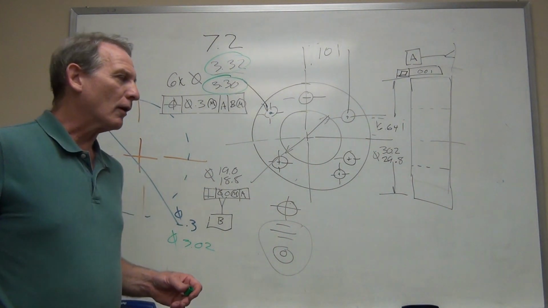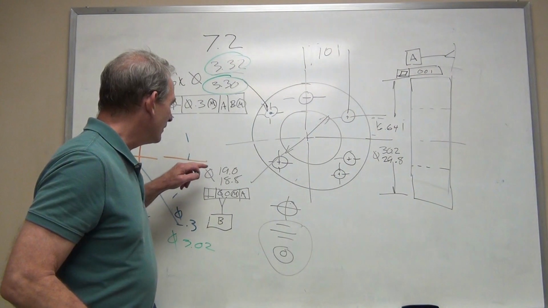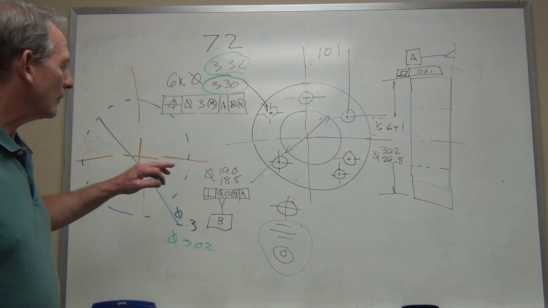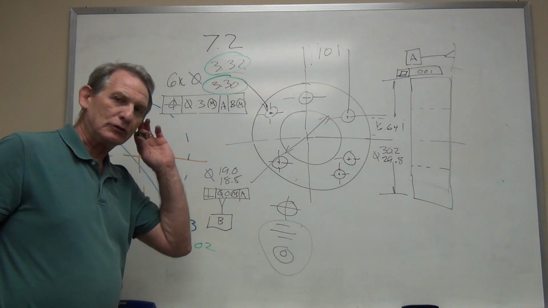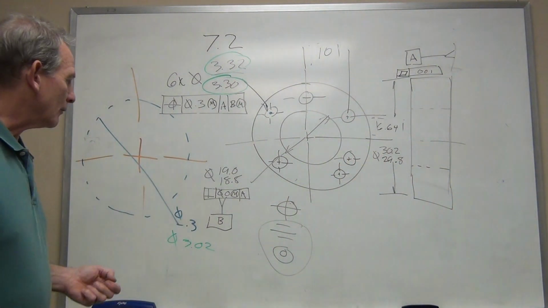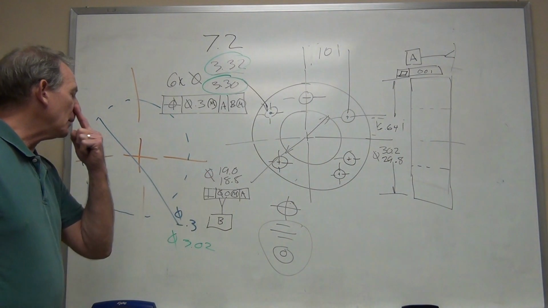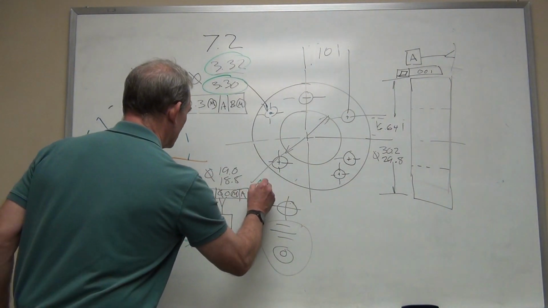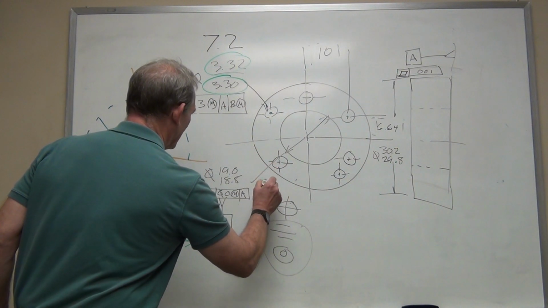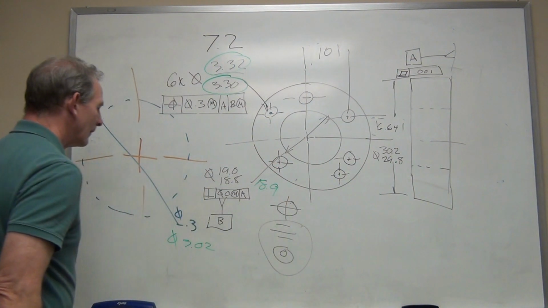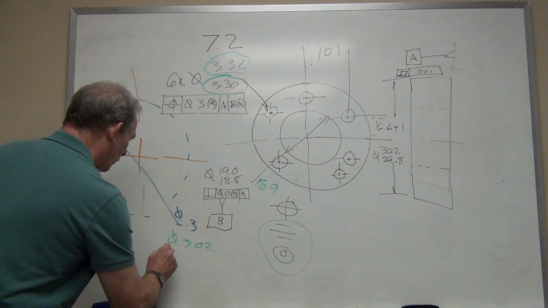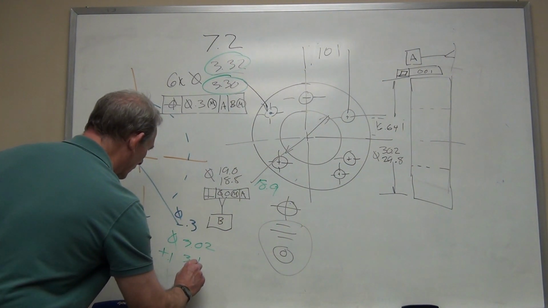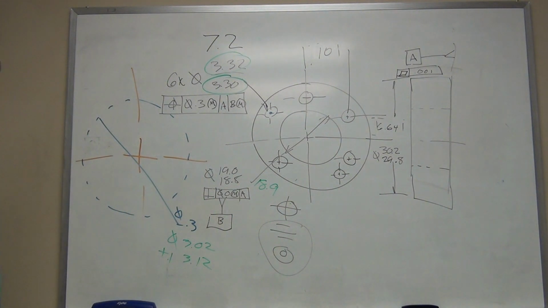We can get more, and if we start out with this datum feature at 18.8 at its smallest, if we drill it up 1/10 of a millimeter, let's say that hole then becomes 18.9, we'll add that 0.1 to this and we'll end up with 3.12.